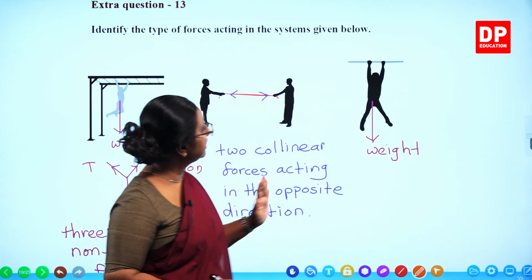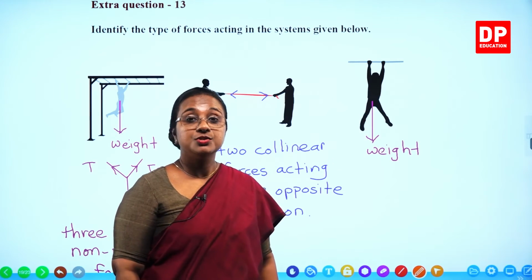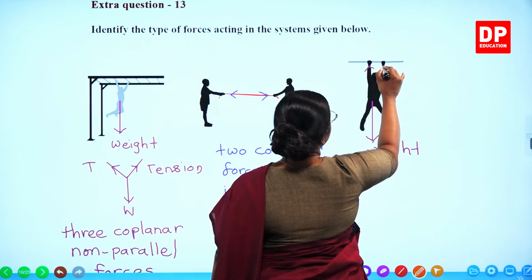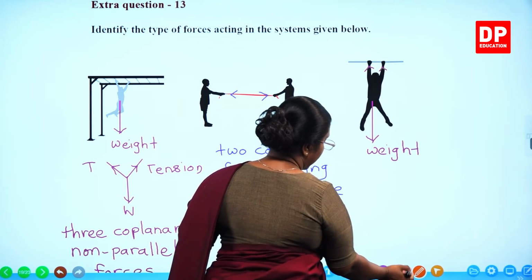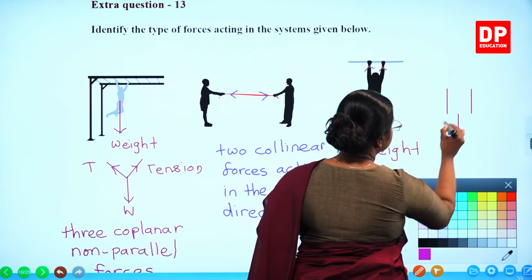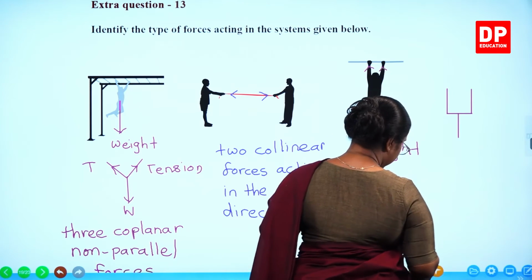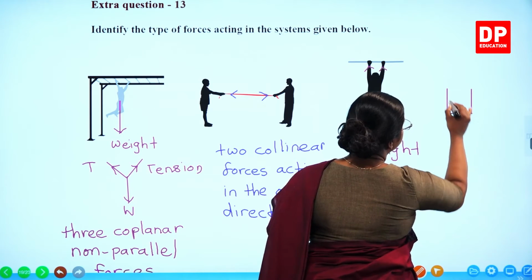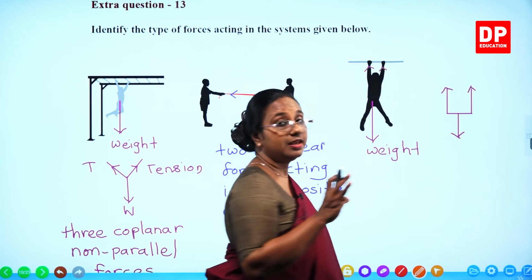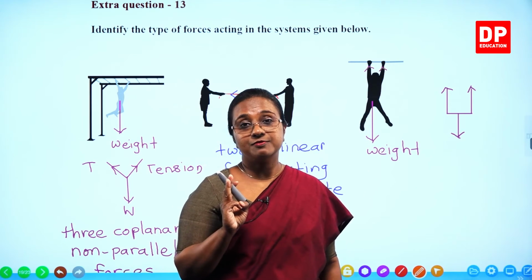We can consider it as parallel. So then what will happen? Again there will be tension acting upwards. So if we show the three forces, here you can see they are going to be parallel forces. Three coplanar parallel forces.